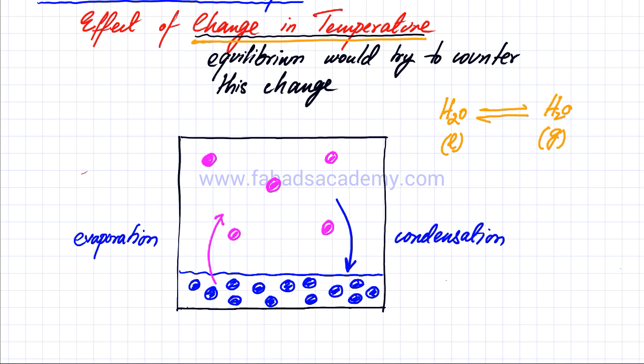Whenever we study the change in temperature, we're going to see which reaction is exothermic and which reaction is endothermic. For example, in evaporation, molecules are going to gain energy. Whenever you're gaining energy, the reaction is endothermic, which basically means that evaporation requires energy.